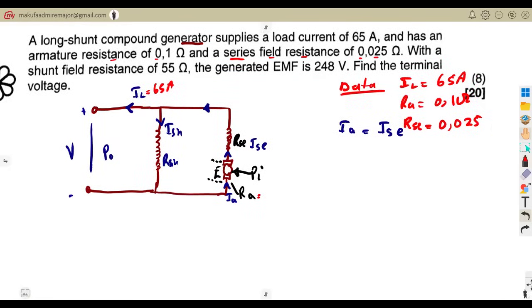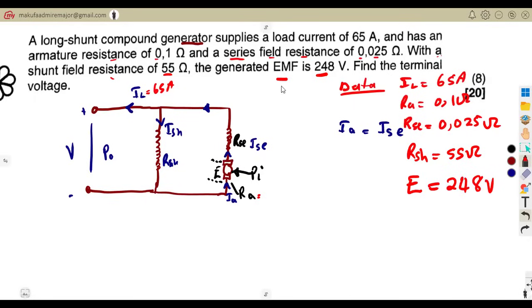That is our series field resistance, with a shunt field resistance, which we are also given, of 55 ohms. The generated EMF is 248. They gave us what was generated. Find the terminal voltage, which is V. This is what we had.